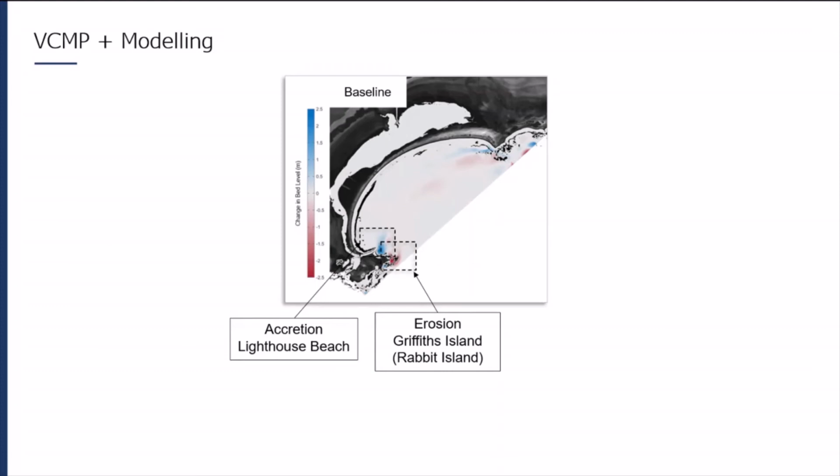And these were some of the results. So this map here shows the results of the normal wave conditions after 1 month of simulation. What I want to focus on here is that accretion occurred within Lighthouse Beach and erosion occurred around the tips of Griffiths Island. If you remember back to the start of this lecture, these are the sorts of behaviours we do know that occur in this system.